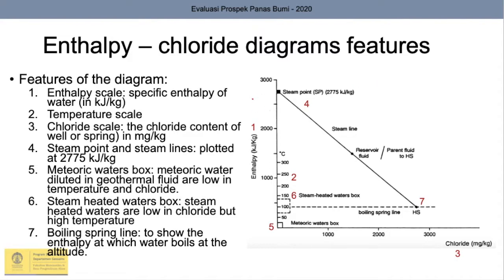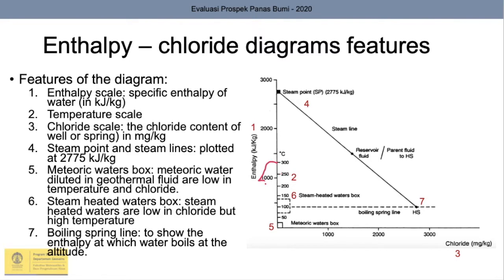To introduce you to this mixing model, I would like to elaborate on the features that you can see in the diagram. There are at least 7 features that you can see. The first one is the axes, the x and y axis. For the y axis, we have the enthalpy scale, which is notated in kilojoules per kilogram. For the y axis, there is also a secondary scale in temperature.